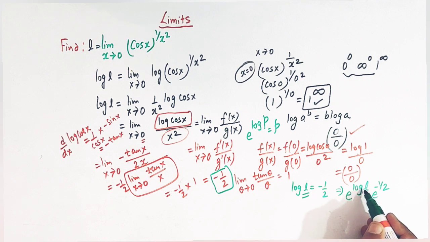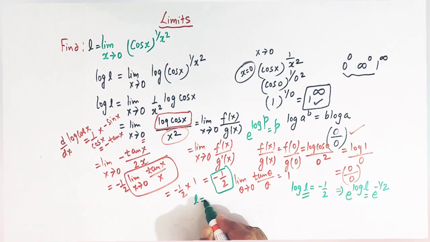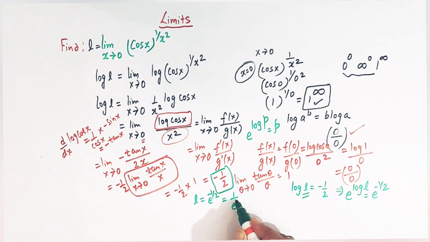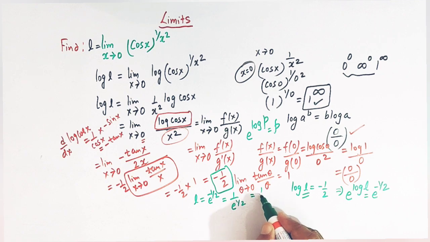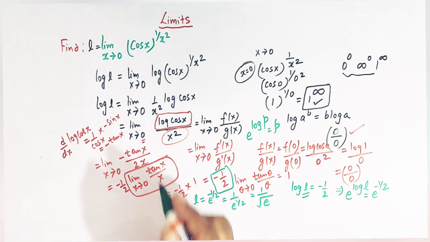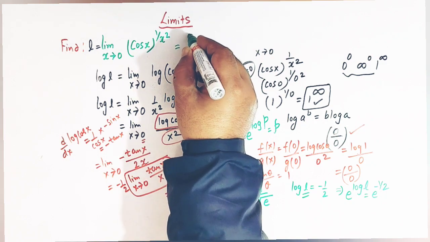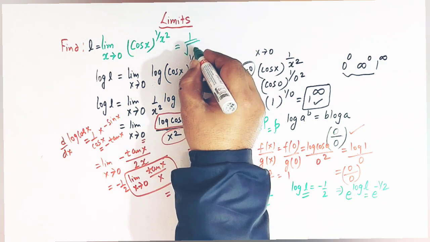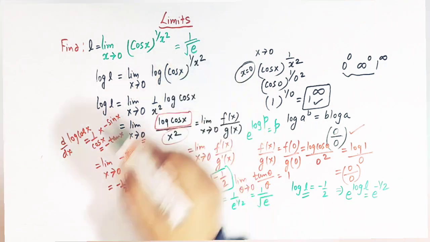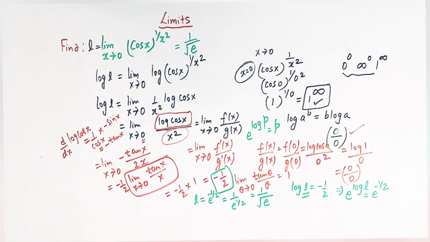So e raised to log of L is simply L, and here we have e raised to minus half, right? That is 1 over e raised to half, that is 1 over square root of e, right? So viewers, the value of this limit is equal to 1 over square root of e, where e is the famous exponential number.